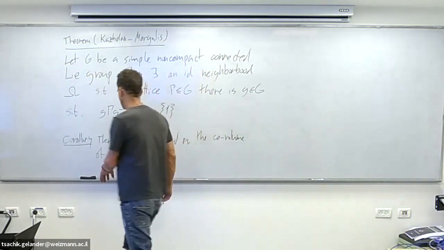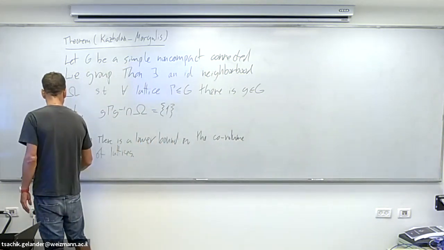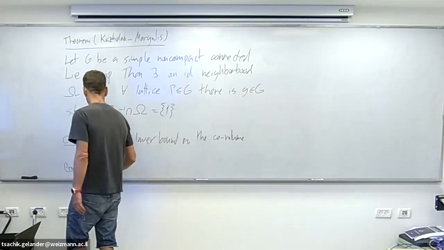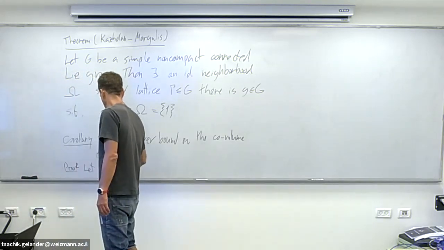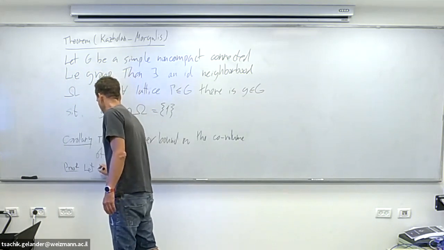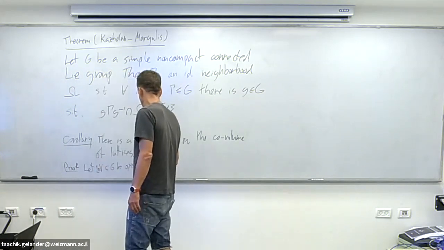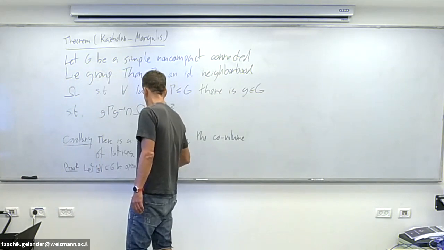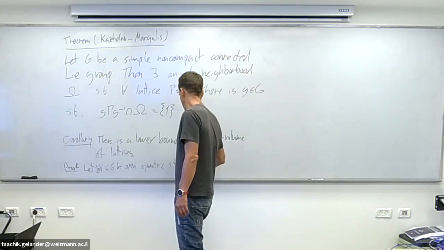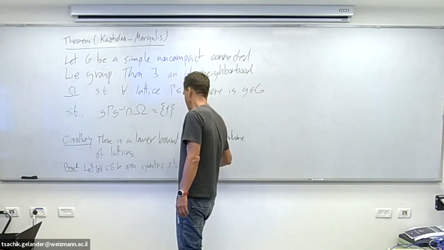And indeed, proof: let V in G be an open symmetric identity neighborhood such that V squared is inside omega.